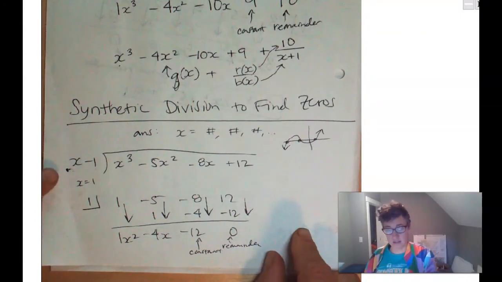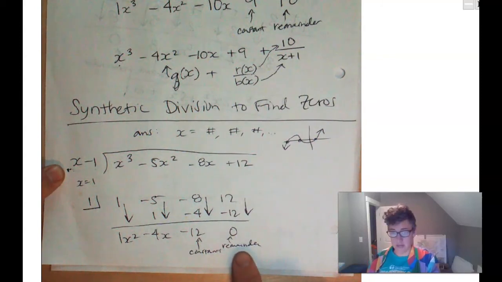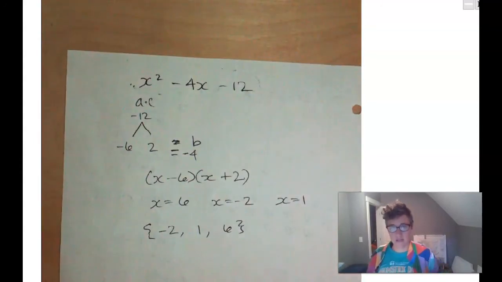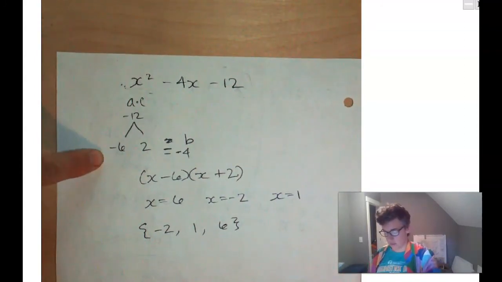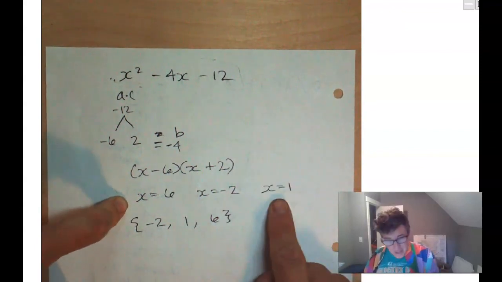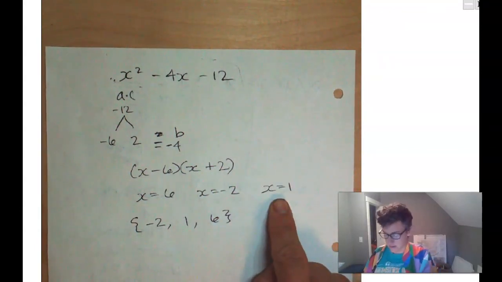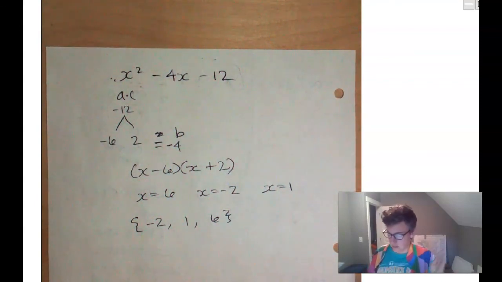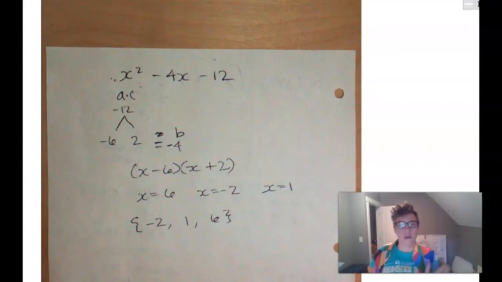So this is a factor if it has a remainder of 0. And then we factored out that last little bit using our ACB tree, set all of these things equal to 0, including our original divisor, and then put them in order from least to greatest so that we could submit to Delta Math and get all of our points.